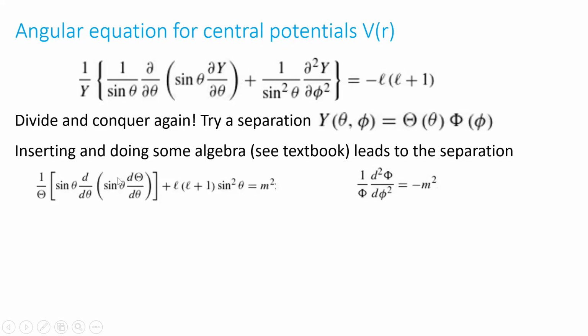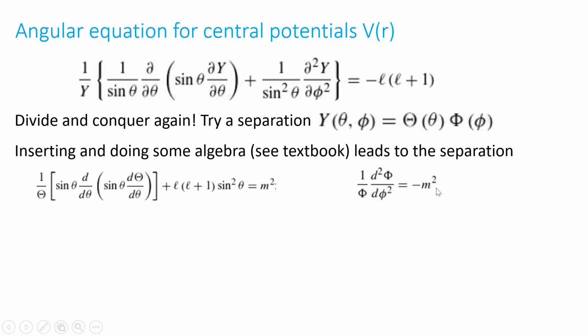So for the theta equation, this combination here is equal to m squared. And for the phi equation, it gets pretty simple actually: the second derivative of capital Phi with respect to phi is minus m squared times capital Phi.